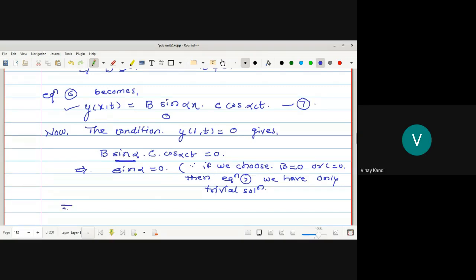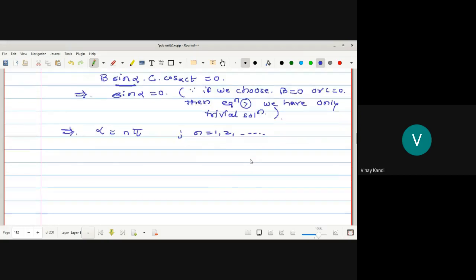Okay, if sin alpha is equal to 0, then what is the value of alpha? n pi, with n running from 1 up to so on. So let us assume alpha n is equal to n pi. For different values of n we get different alphas.